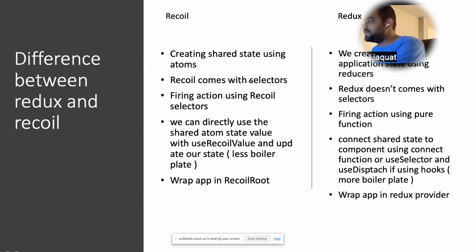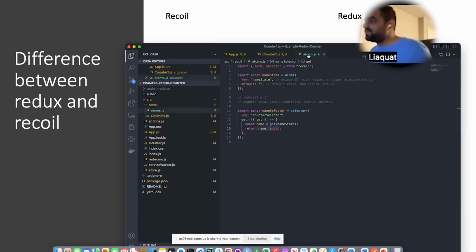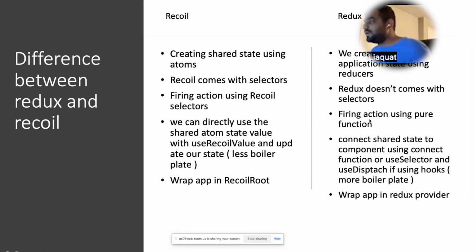And the third difference is firing. In Recoil, we fire an action using a selector, as we have seen here. The action is fired using our selector, but in Redux we have a pure function that fires that action.